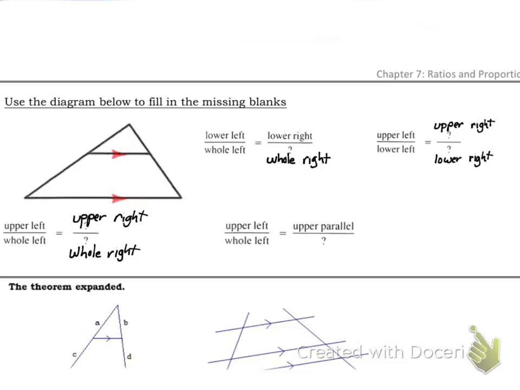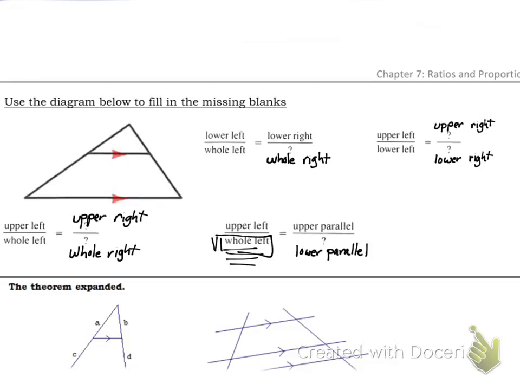All right, this one says upper left to whole left. Remember, the only time I can compare parallels is if, in one of these fractions, I'm using the whole side. So this says whole left. All right, that is important. Yes? Bottom parallel. Maybe bottom parallel. I just put lower, but you could put bottom. But the key here is whole left.